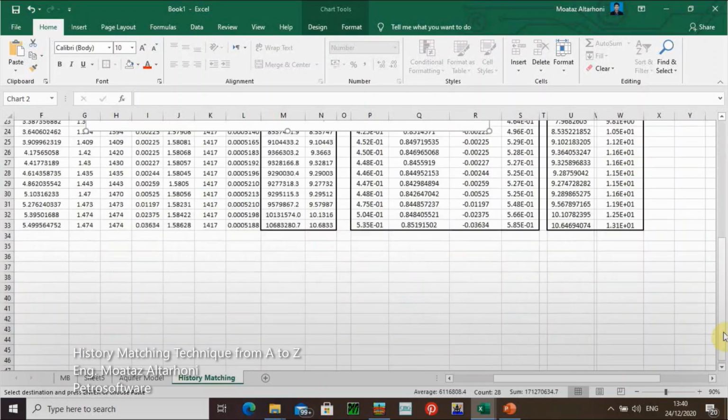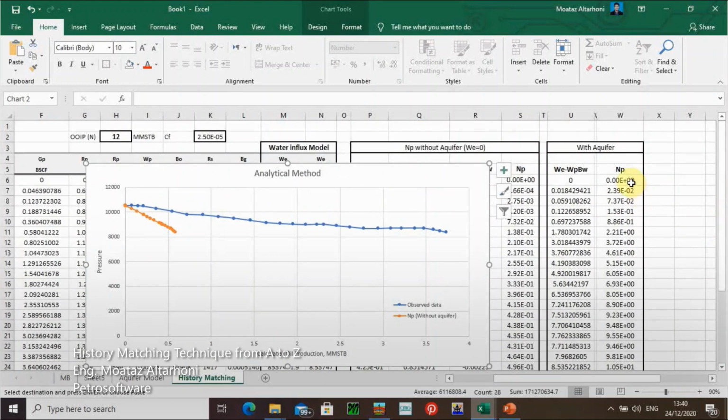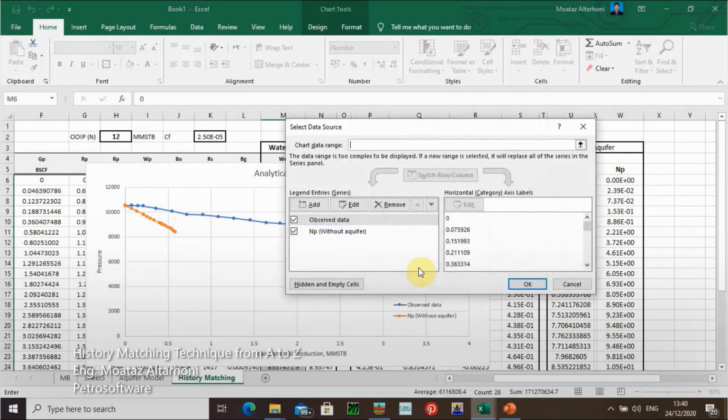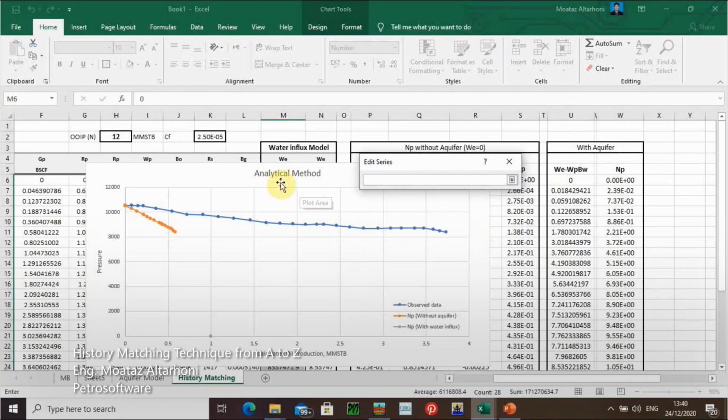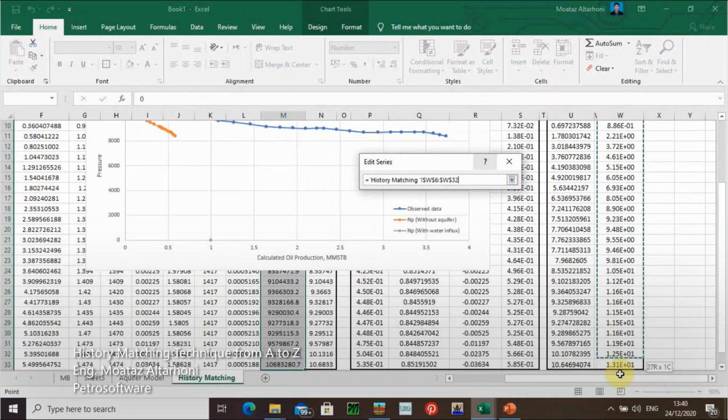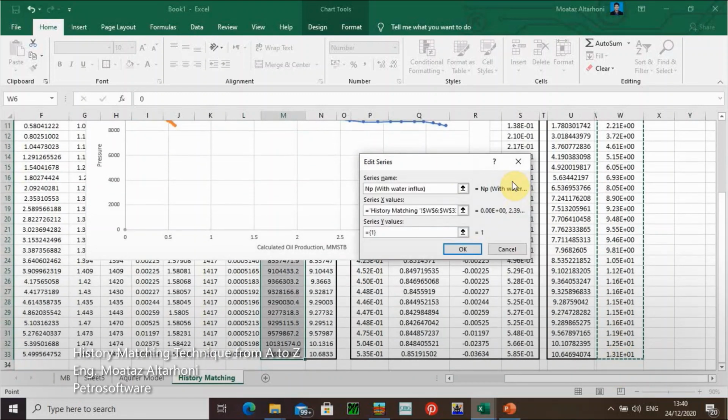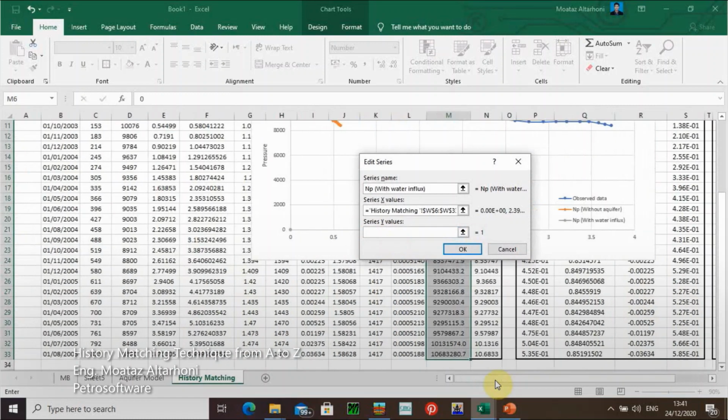So now I calculate the cumulative oil by using water influx. So cumulative oil with water influx. What's in the X? Cumulative water. And in Y, pressure.